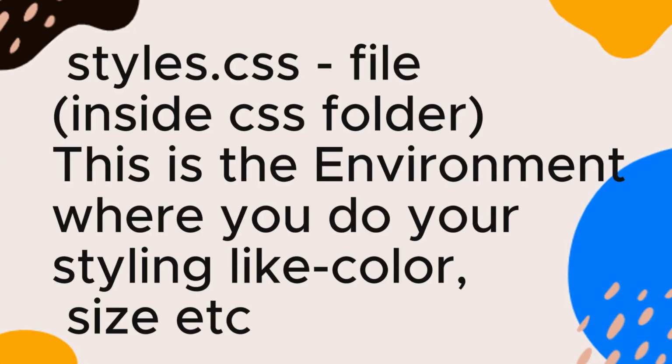As you can see here, this styles.css is a file inside the folder CSS. So this is where I will do my styling, like color, any kind of styling that I want to give to my web page.